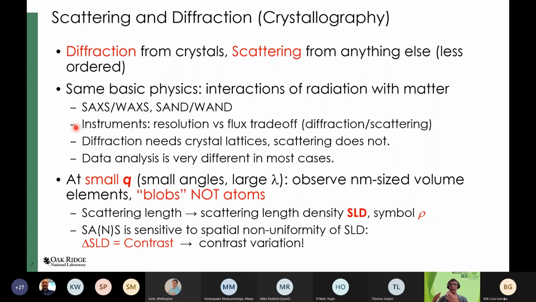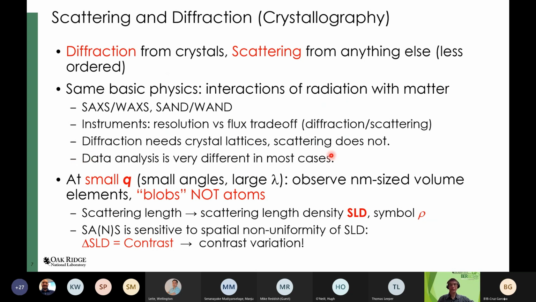Whereas with scattering and small angle scattering, the features are much broader, and you do not need that high a resolution, but your intensities can be low, and you're trying to push up the intensities rather than resolution. But that's a bit of a side note, more of something your instrument scientists need to worry about when they optimize your instruments. And of course, the data analysis is very different in most cases.